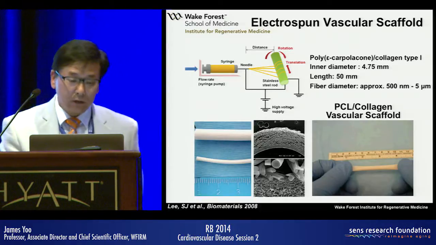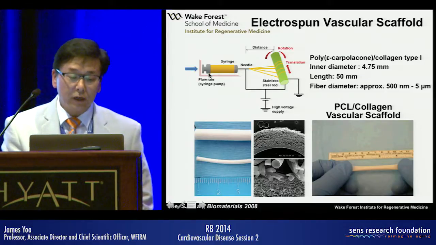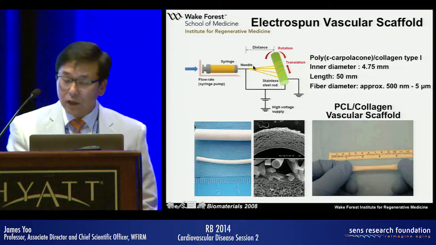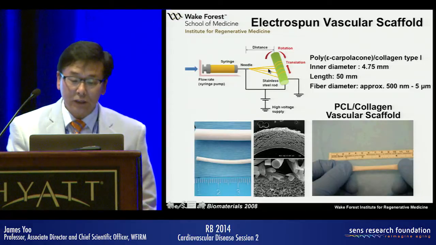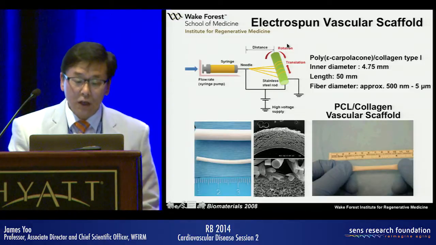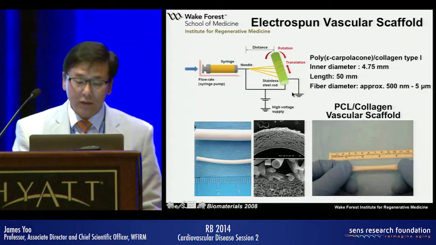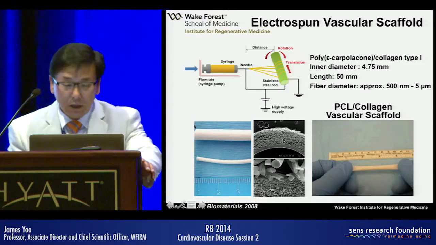The polymers are in liquid form, and then you give a very strong electric current, and as it gets injected, it becomes fibers, and you have a rotating mandrel that collects all those fibers that eventually form a scaffold.